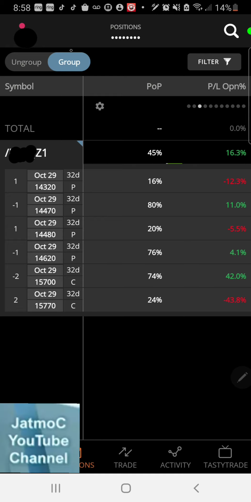And with Tastyworks, you don't have any account minimum. So as long as you have enough money to have the trade on, then it's okay for you to not have a huge account. I feel like the buying power reduction on some of these is only like $50.